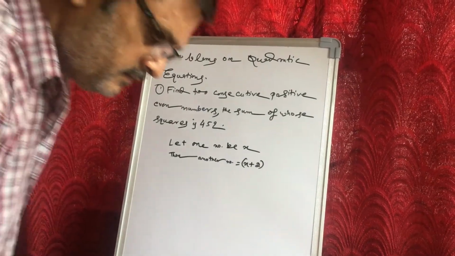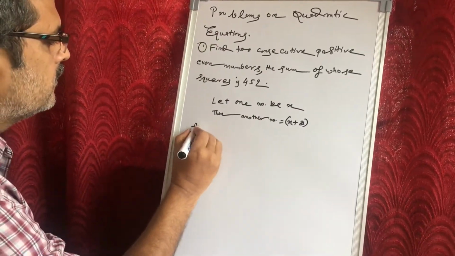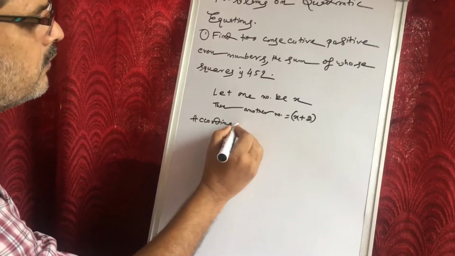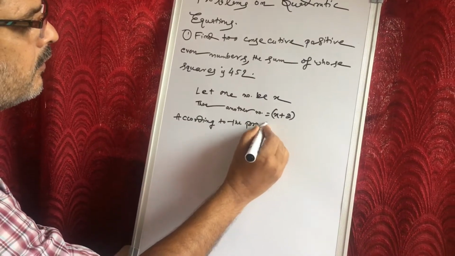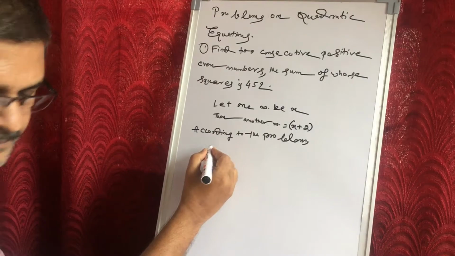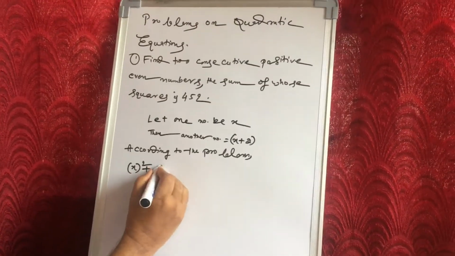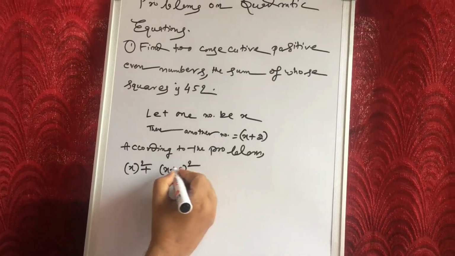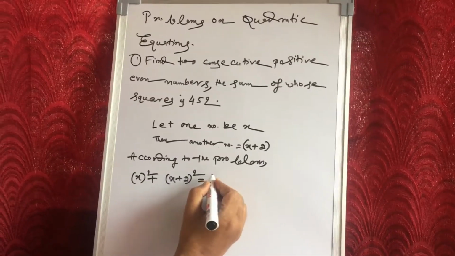So according to the problem, x square plus square of x plus 2 is equal to 452.